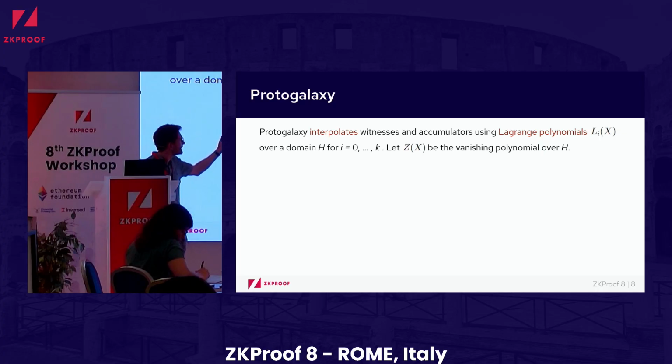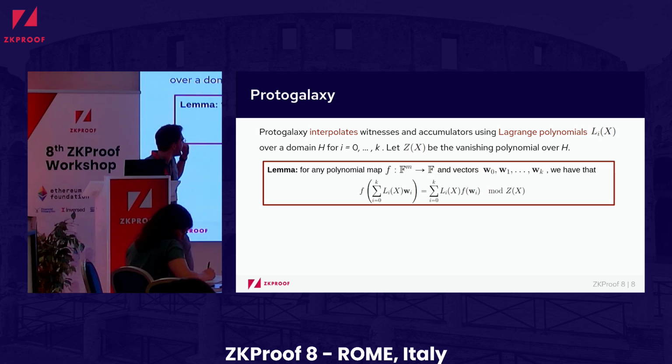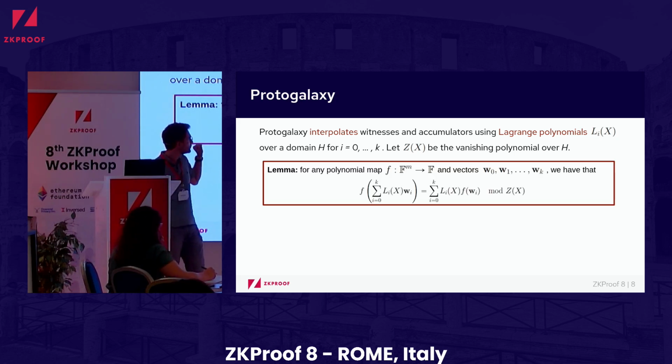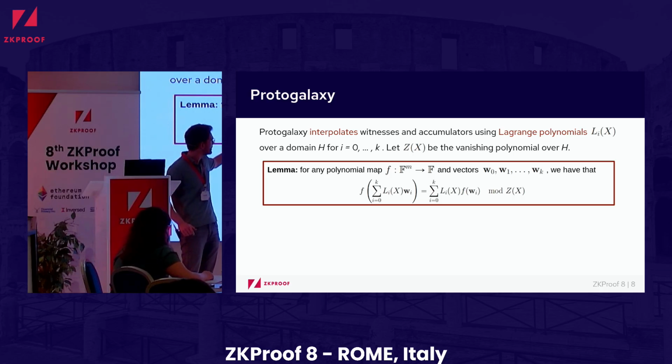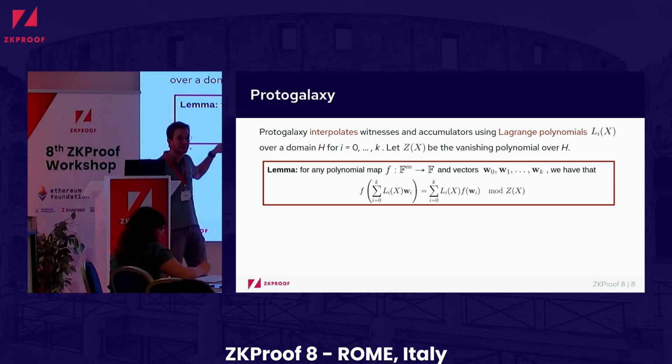We choose the vanishing polynomial over this set as the product of all the elements in this set H. And we have a very neat lemma, which essentially says that when we evaluate our polynomial map on the linear combination of the witnesses weighted by these Lagrange polynomials, the function f, the polynomial map, behaves linearly, modulo the vanishing polynomial. So I'll let you stare at it for a couple of seconds.